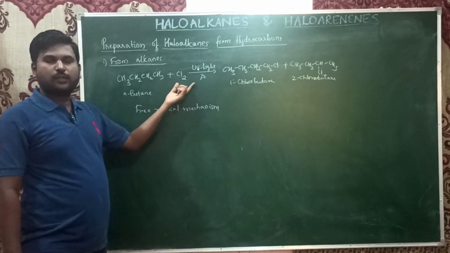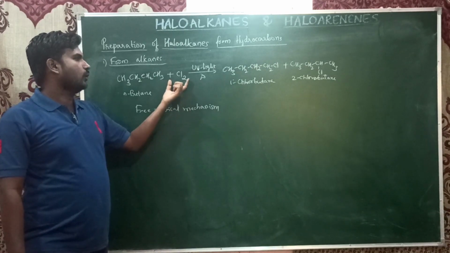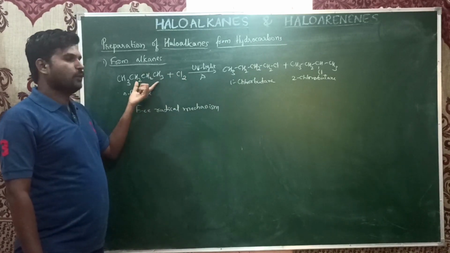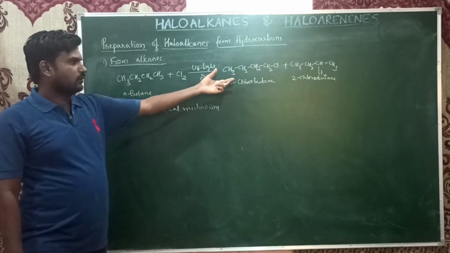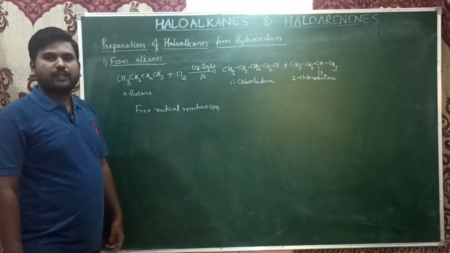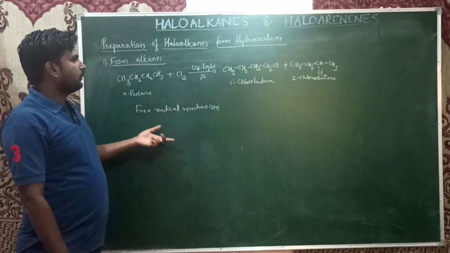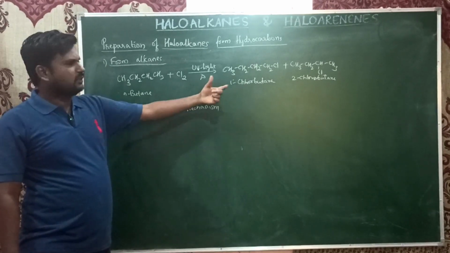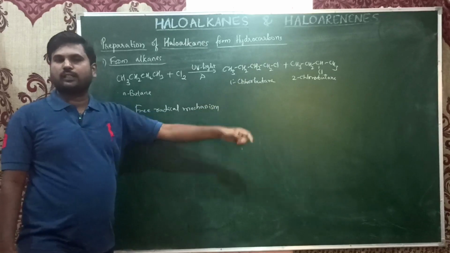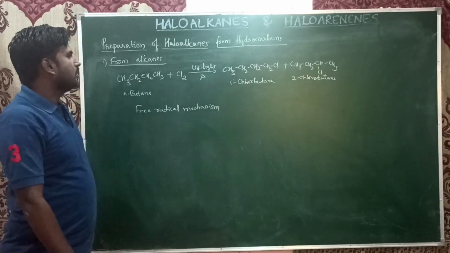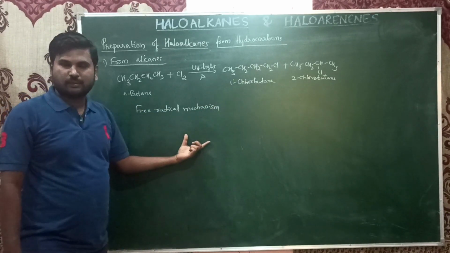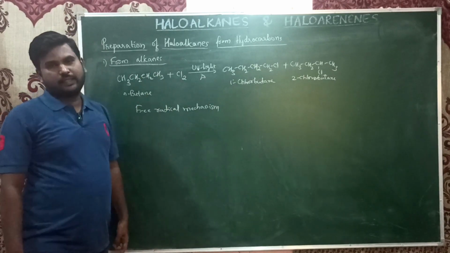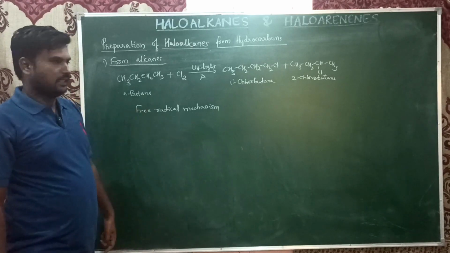In initiation, chlorine molecules convert into chlorine radicals, and chlorine radicals propagate with butane, giving the butyl free radical and also chlorobutane. In the last step, termination, the radicals combine, also giving one-chlorobutane and two-chlorobutane. We are not going to discuss the mechanism, because in the preparation we do not usually discuss it, but go through your first year syllabus.